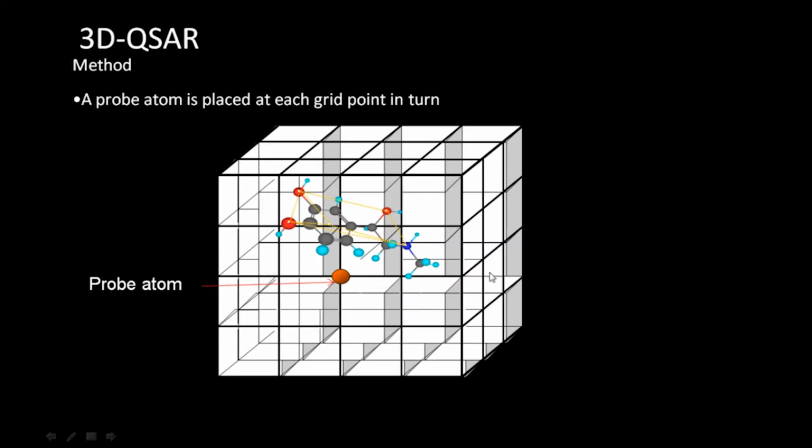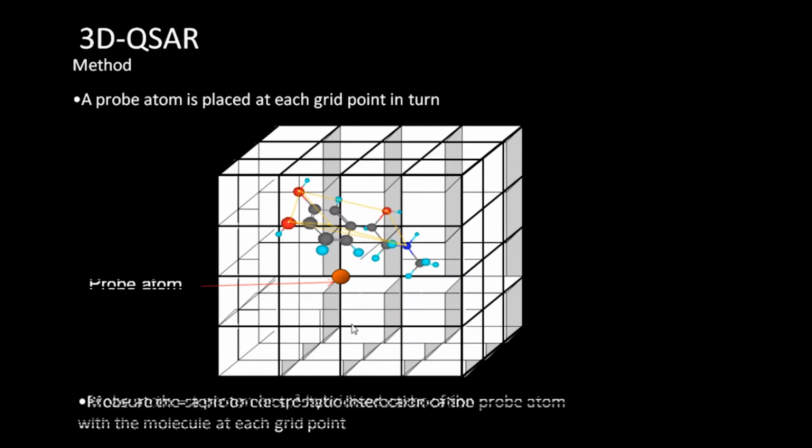Suppose you have 1000 grid points: you will get 1000 steric interaction values and 1000 electrostatic interaction values. Then you correlate that with the activity using the partial least squares method. The probe atom could be an sp3 carbocation, or even H, or O, and so on.